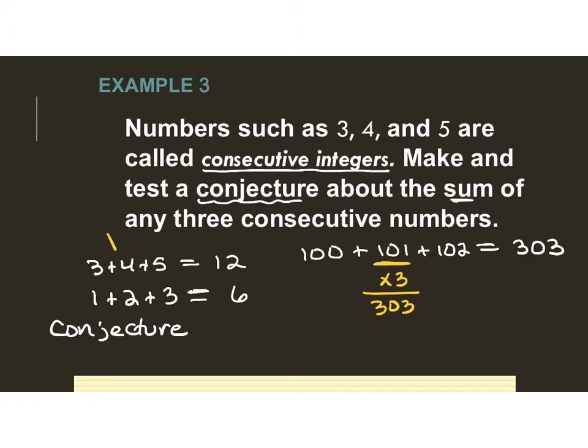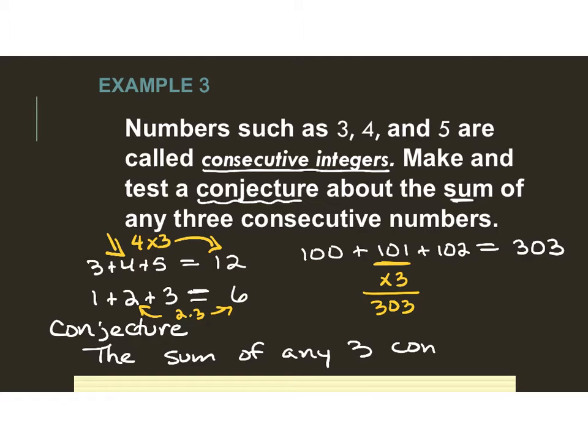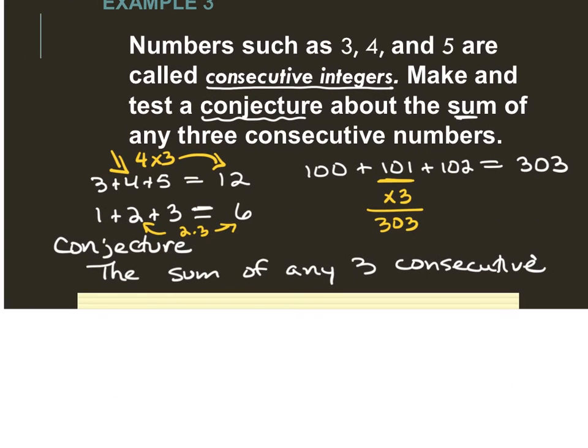Let's try it over here with this one. 4 times 3, and it gives me 12. If I take the 2 and times it by 3, it gives me 6. So my conjecture, I could state that the sum of any 3 consecutive integers is 3 times the second number.